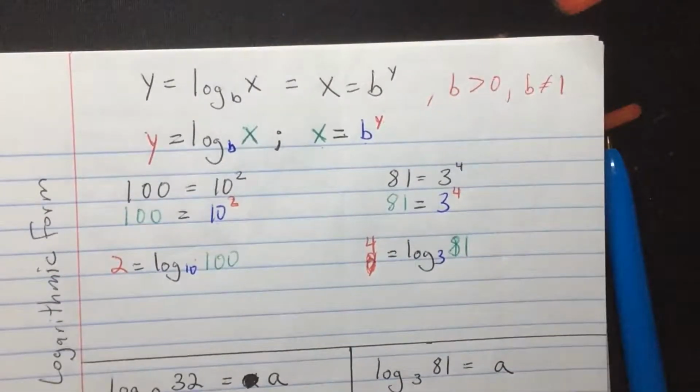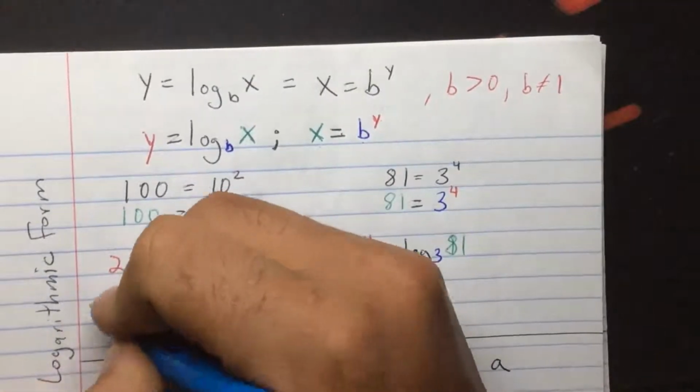Really quick before I finish, I wanted to give you the definition of logarithm because I figured this is the first time we're seeing it. So we're actually going to define logarithm here.